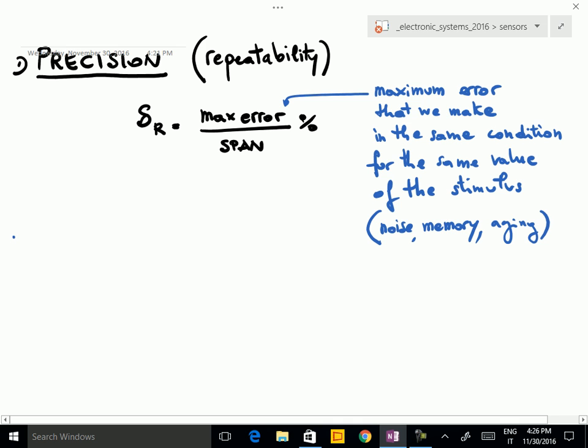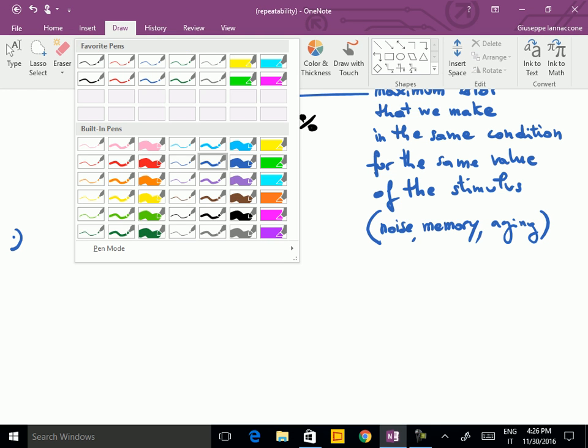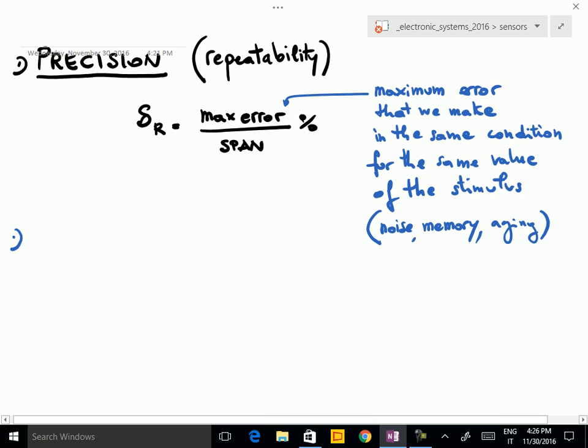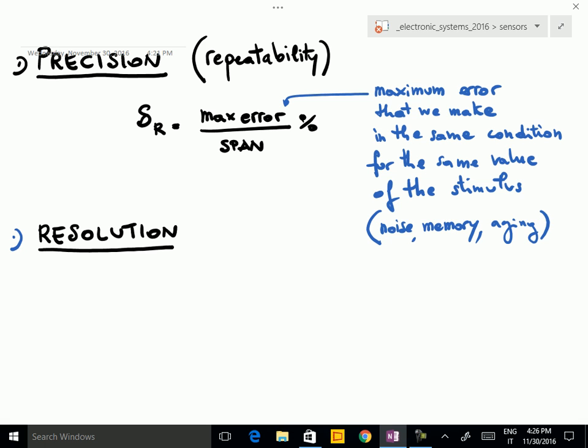So keep in mind that precision is different from accuracy, and also resolution is another quality.